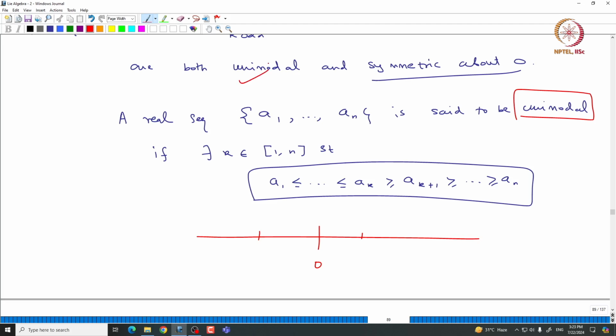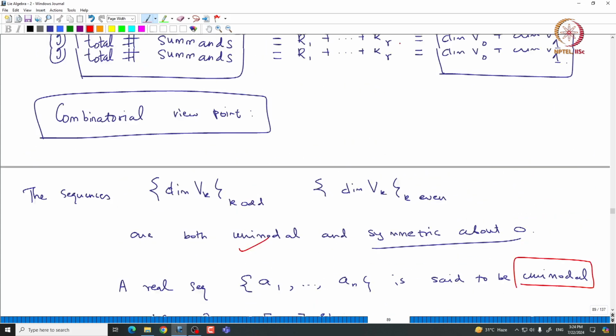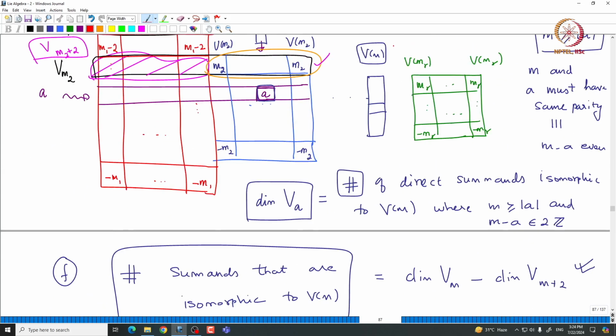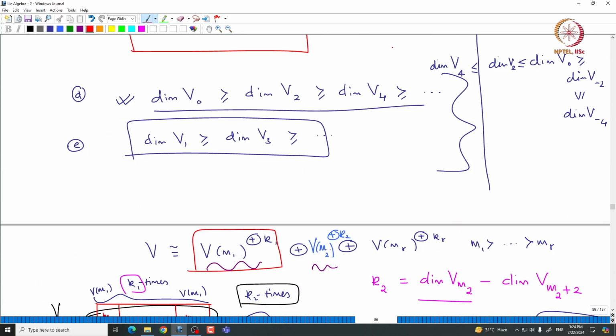Okay, that is obvious. So, the second statement that we have about these inequalities is translated in combinatorics as unimodal. In the next class, I will give one immediate application of this SL2 representation theory in combinatorics and demonstrate the power of this theory. Okay. I will stop here, we will meet in the next class.